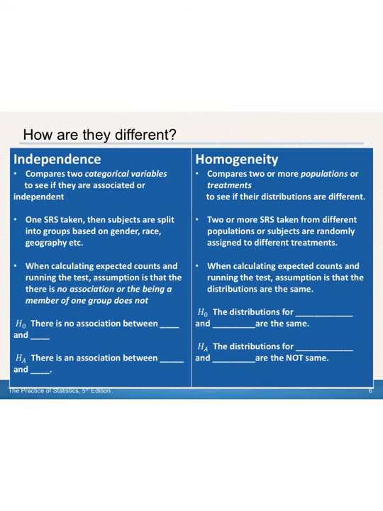How are they different? We've already dealt with homogeneity. Homogeneity compares two or more populations or two or more treatments in an experiment to see if their distributions are different. But the assumption is always that the distributions are the same, and the expected counts are based on them being the same.